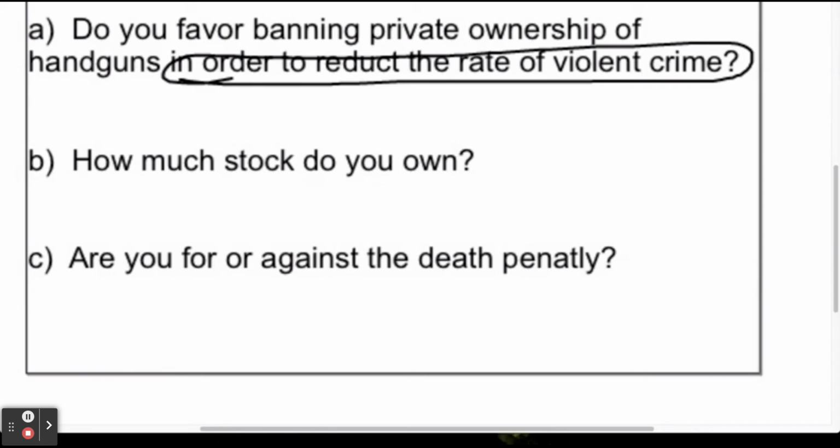And then part C, are you for or against the death penalty? So, man, another typo, wow. Anyway, are you for or against the death penalty? So this is a good example. If I compare A and C, this is kind of a good example of what I was trying to get at. So in question C here, I would say that this doesn't really have any sort of sampling error, because it provides both viewpoints.